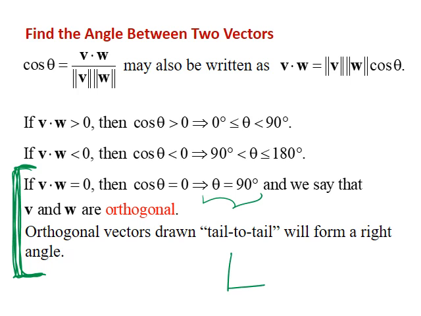So basically, these two vectors create a right angle. So theta is a right angle. We say that these two vectors are orthogonal. So if you get a dot product of 0, the two vectors create a right angle, and they're known to be orthogonal.